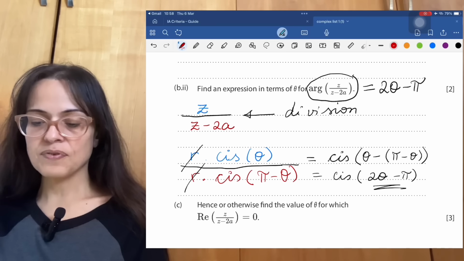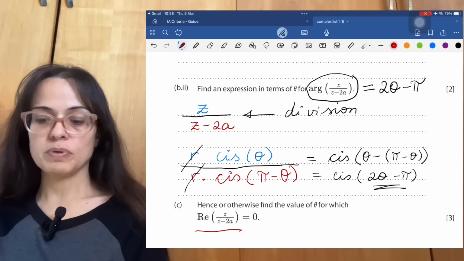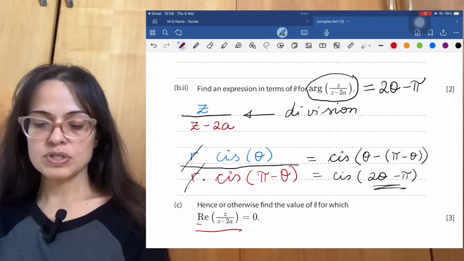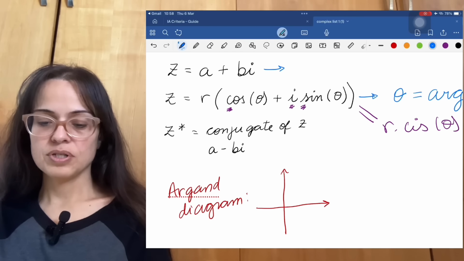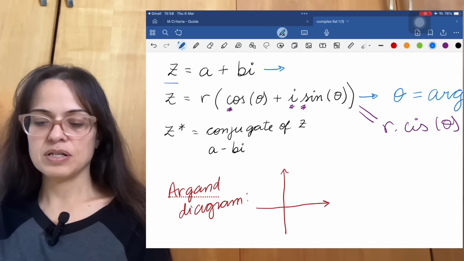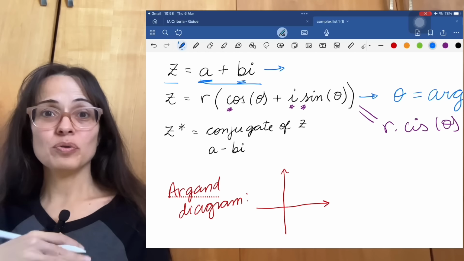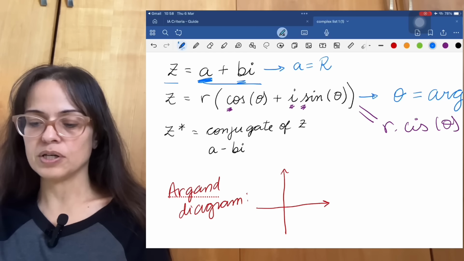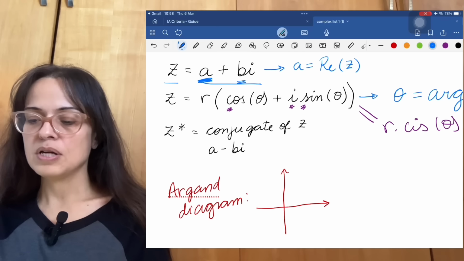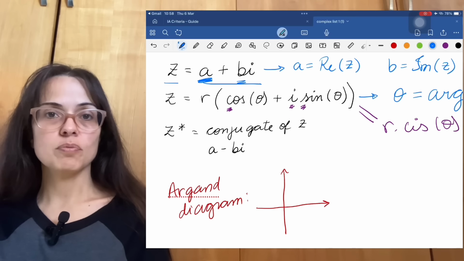Hence or otherwise, find the value of theta for which the real part of that complex number is 0. Okay, so there is, again, notation here. That's not difficult to guess what it is, right? A complex number is made up of two parts. This is the horizontal part and the vertical part, but horizontal was real numbers. So A is the real part of the complex number, and B is the imaginary part of the complex number.